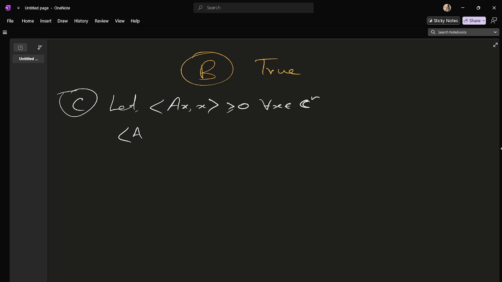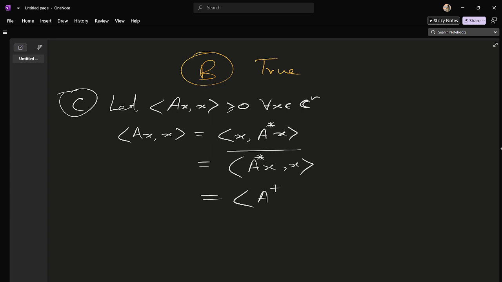Now what is happening? Our inner product Ax, x is equal to this. This is just the conjugate transpose. So we can do another thing, let me take the bar. Everything is happening for all x belongs to C^n.